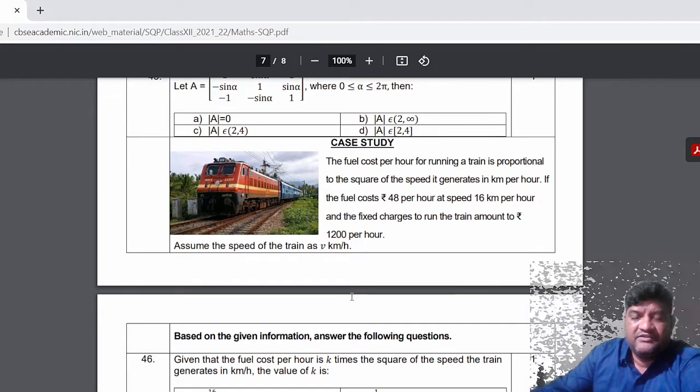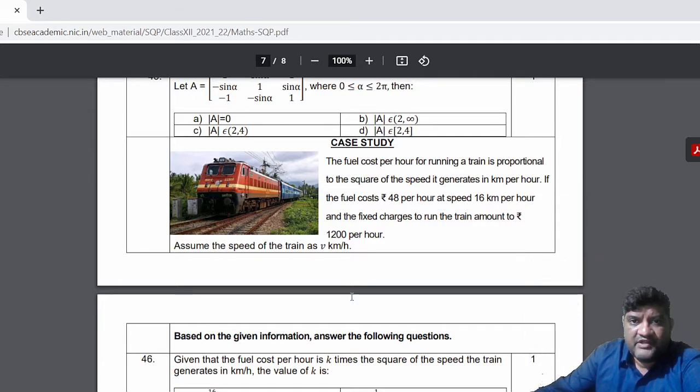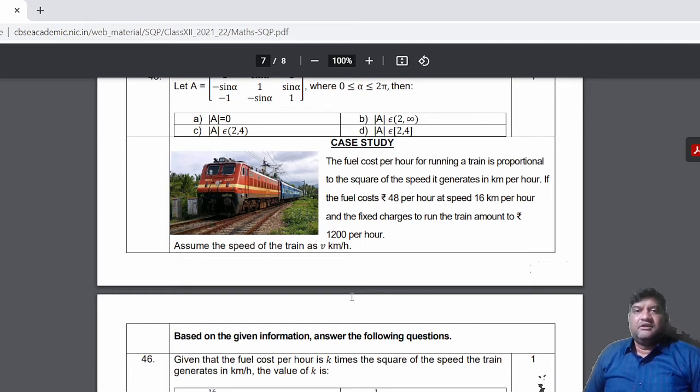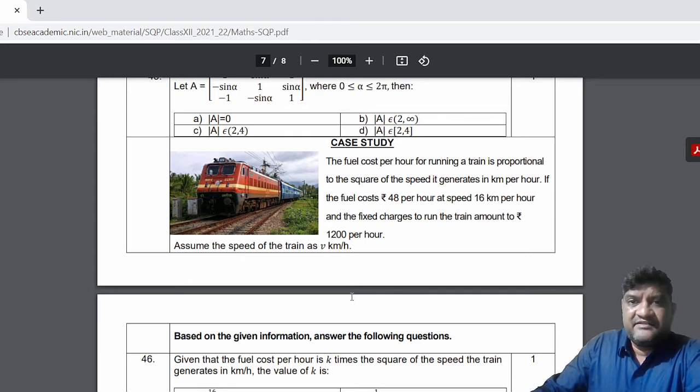Let's understand this question. The fuel cost per hour for running a train is proportional to the square of the speed. If the fuel cost is 48 rupees per hour... So there are multiple things involved in this question. The first thing is that he says the fuel cost per hour for running a train is proportional.